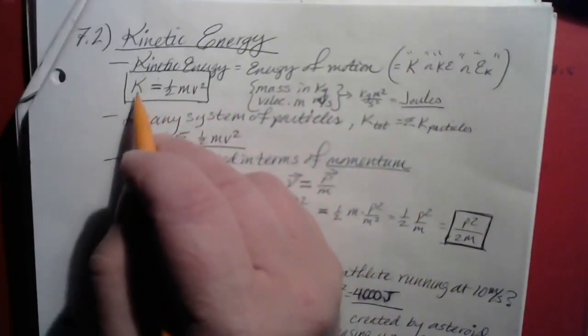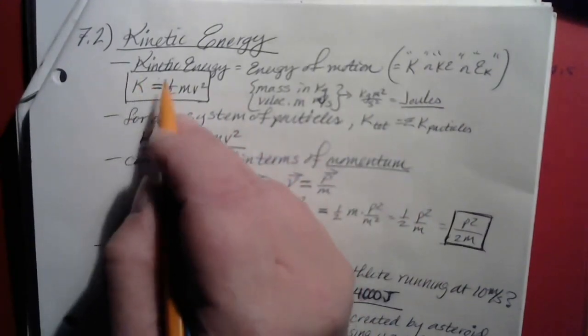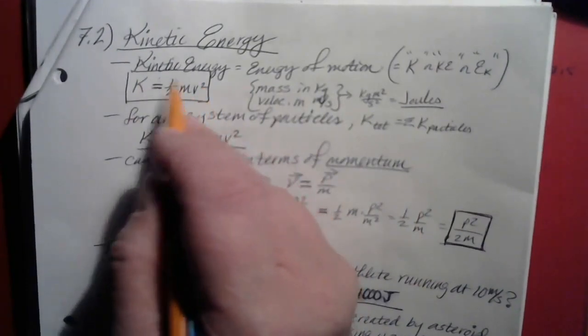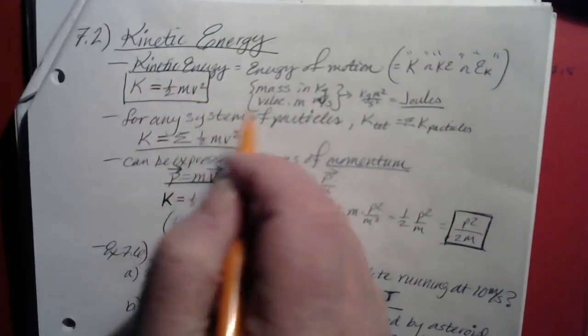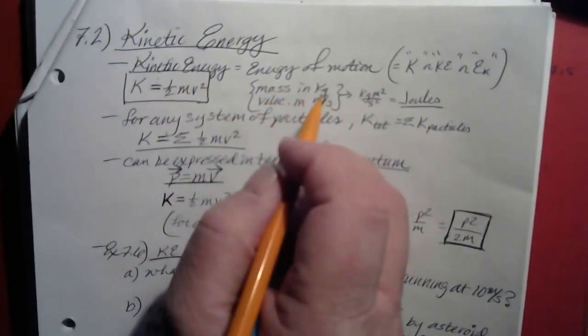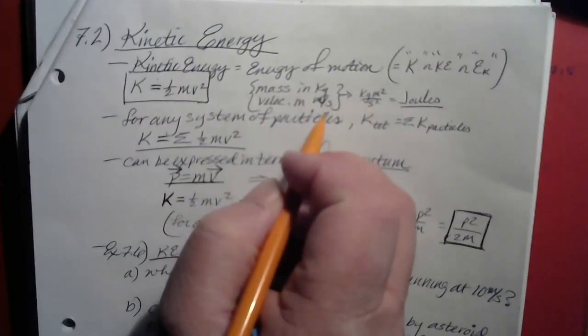The main formula that we normally use for kinetic energy is kinetic energy is equal to 1/2 mass times velocity squared, or 1/2 mv squared. Mass is in kilograms, velocity is in meters per second.